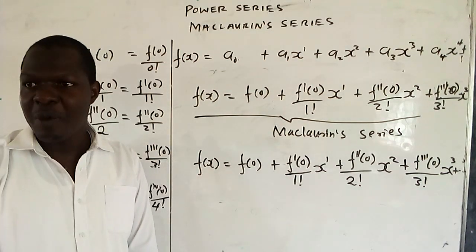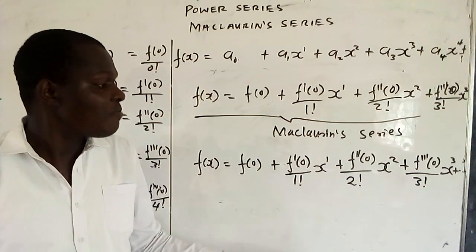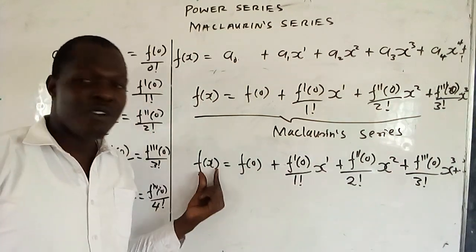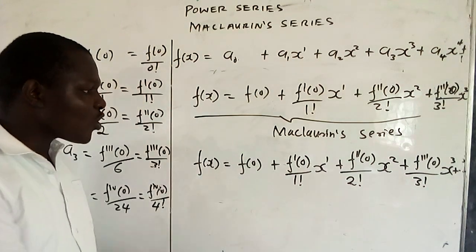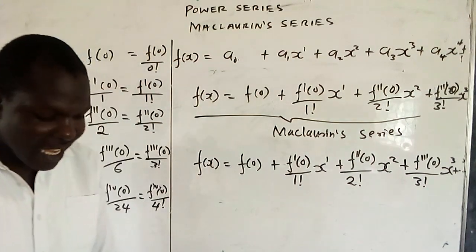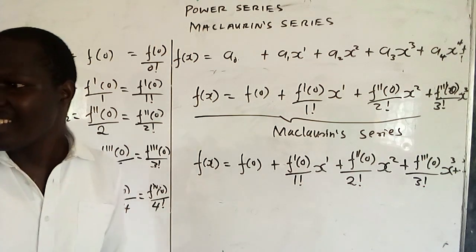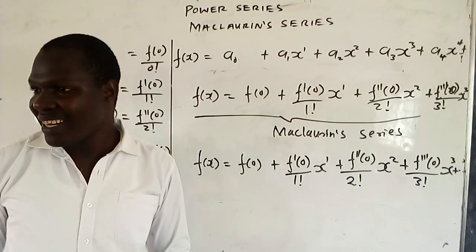So what have you seen from the Maclaurin series? In the Maclaurin series, it's expanding any function in ascending powers of x. If it is a function of t, it means it is expanding in ascending powers of t. If it is w, it is expanding in ascending powers of w.